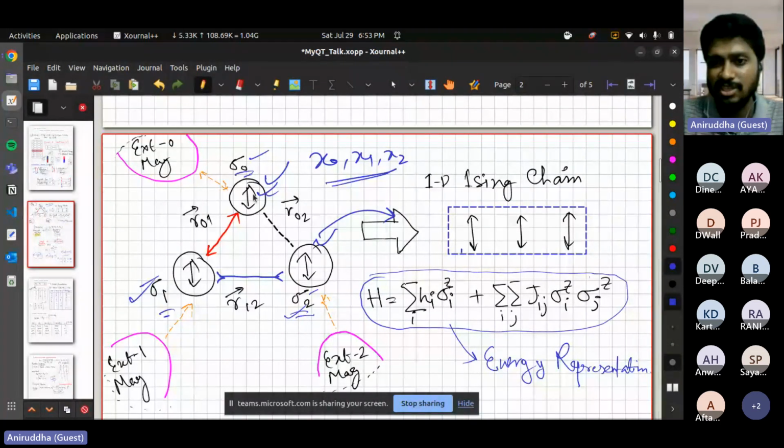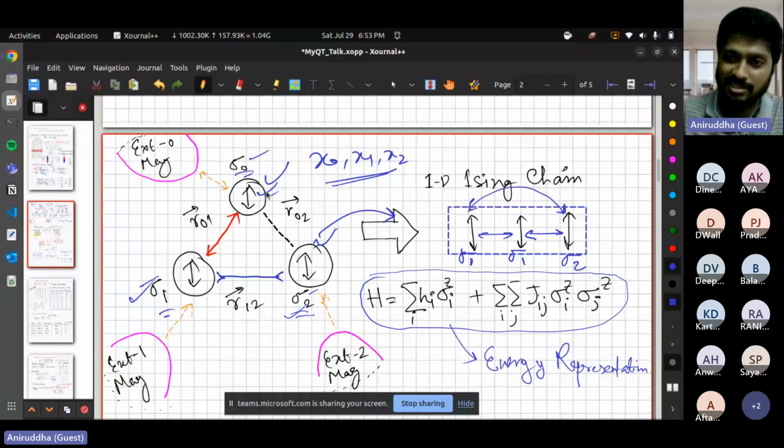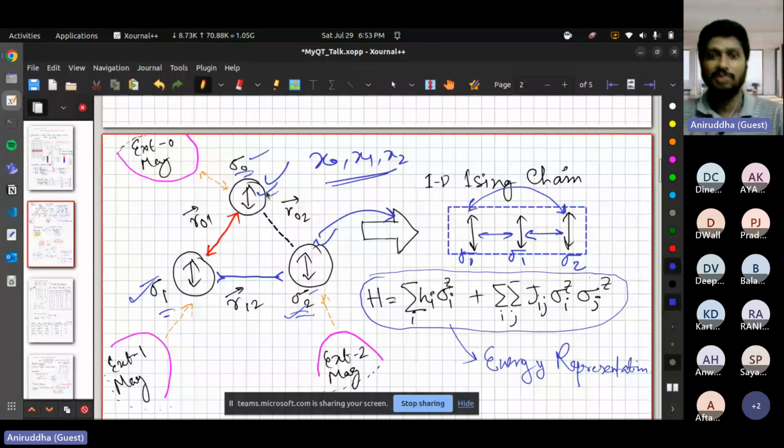So this is your sigma naught, this is your sigma 1, and this is your sigma 2. In this way, these two will have some interaction, these two will have some interaction, and this one and this one, as they are sitting at the farthest corner, will have very little interaction, which basically simplifies your problem.